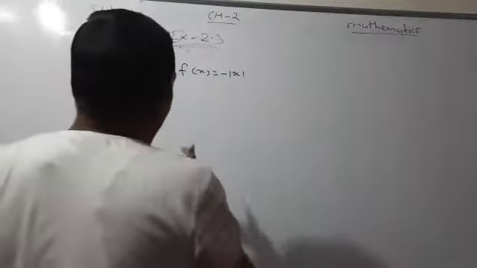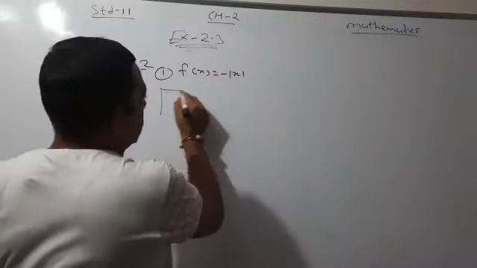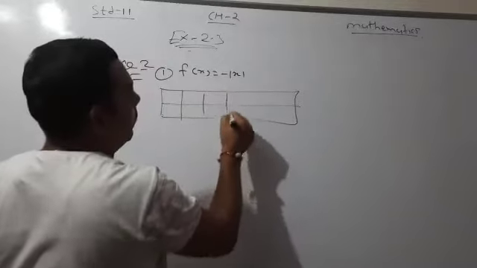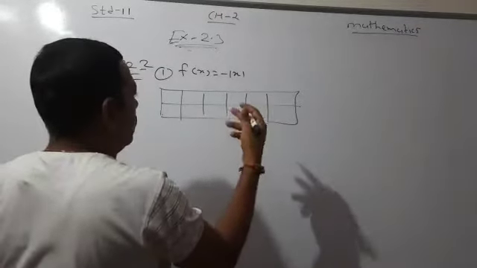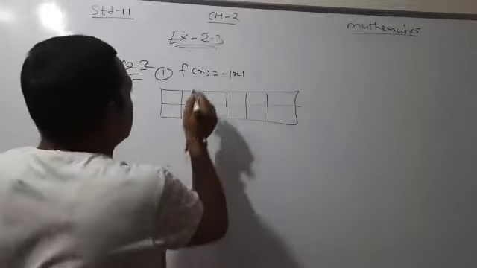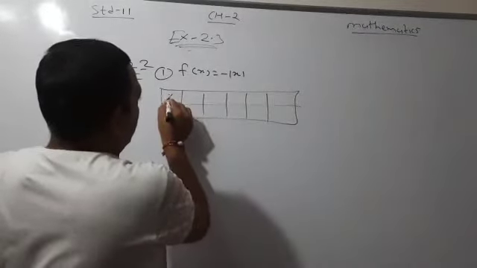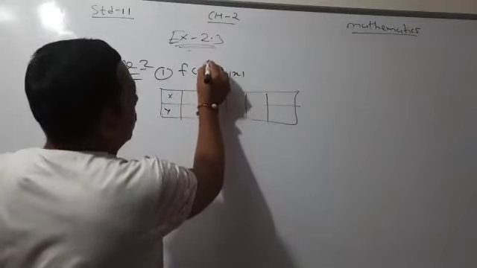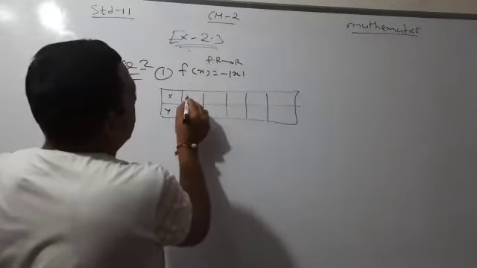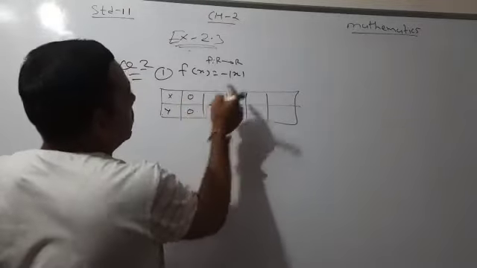Now for our convenience, I will take a few values and then we will judge the domain and range of the function. Domain will be the value of x, as the function is a real valued function. If I consider 0, my answer is 0.